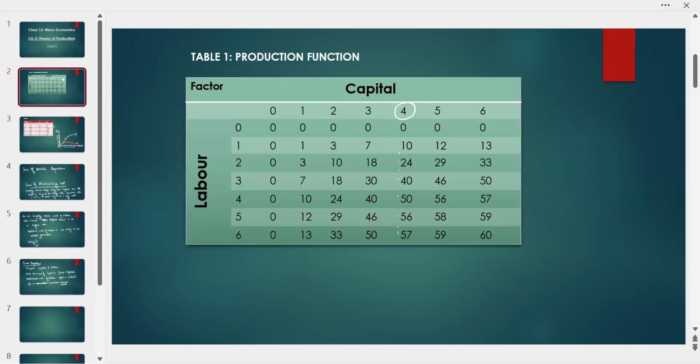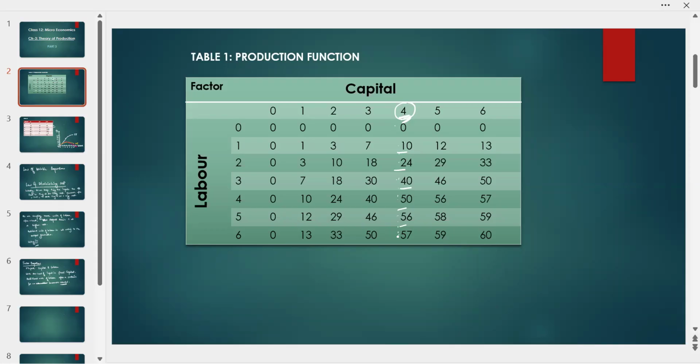So just understand, once we have the 4 units of capital fixed over here, let's understand with this example that the farmer has 4 hectares of land and is employing more units of labor, 1 unit, 2 units, 3 units, 4 units, and then 5 units.